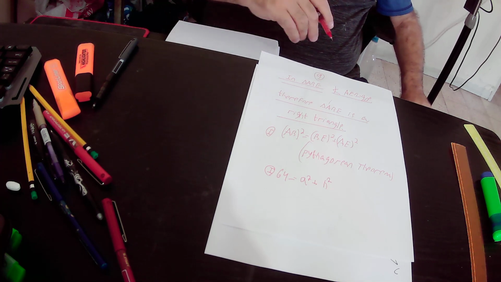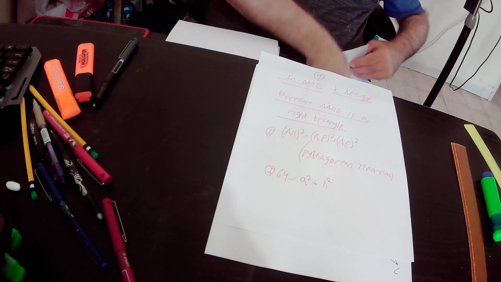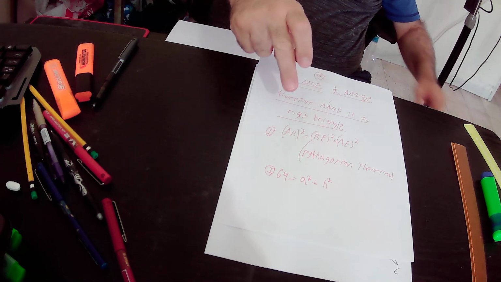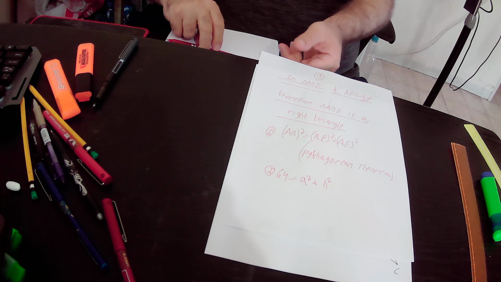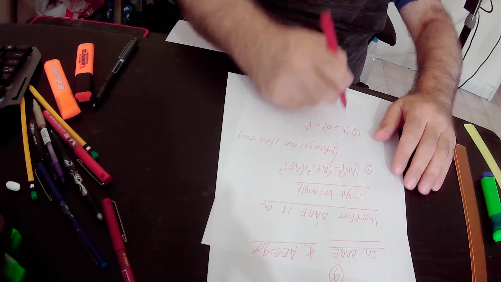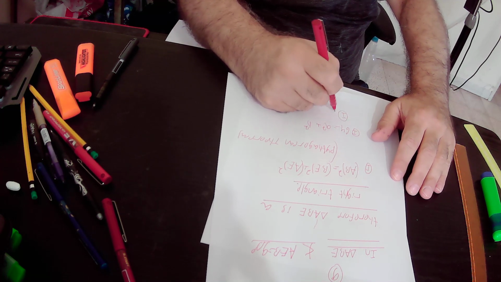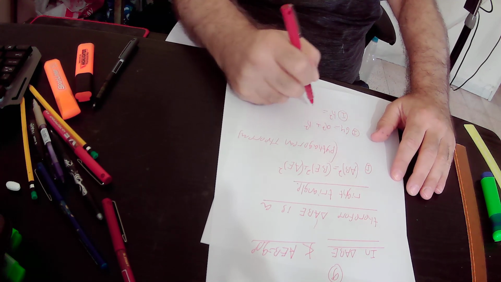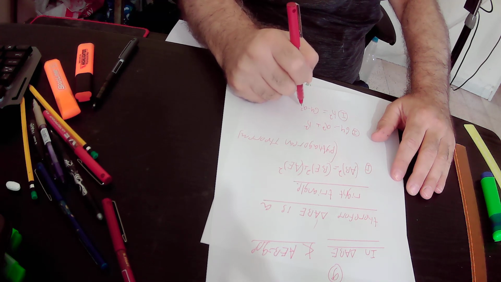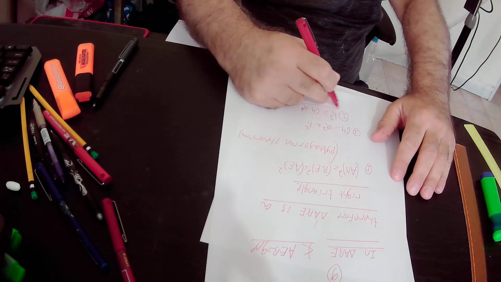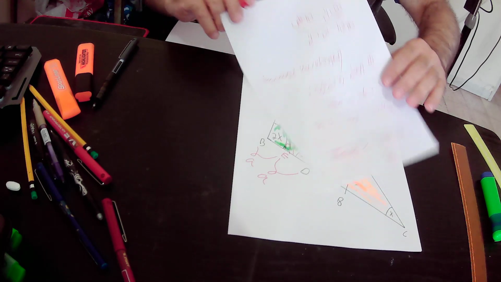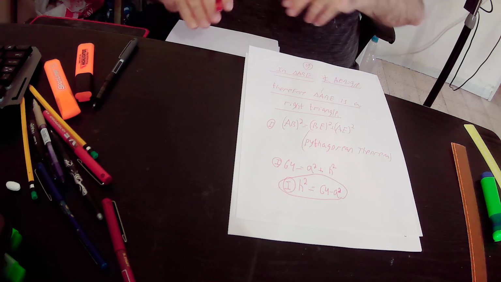In equation number 1, we subtract A square from both sides, and we get that H square equals 64 minus A square.